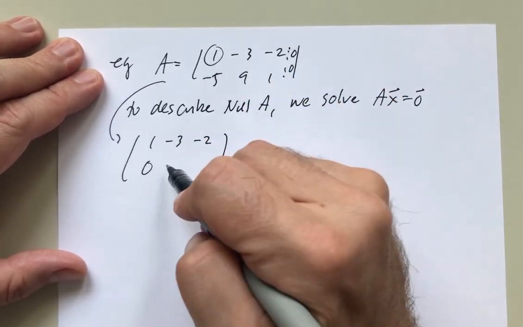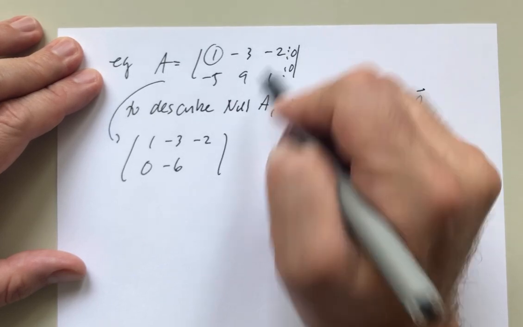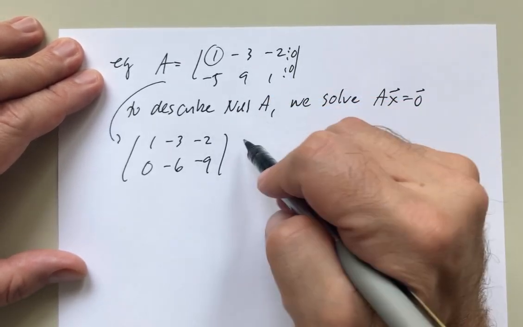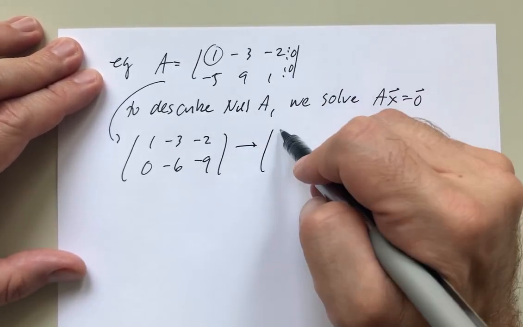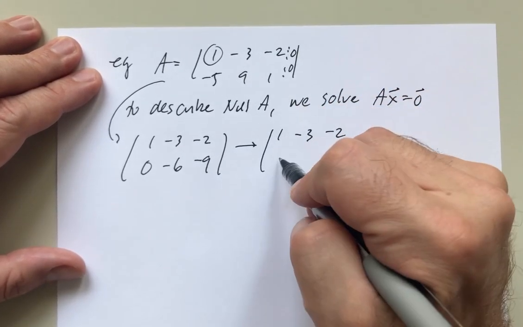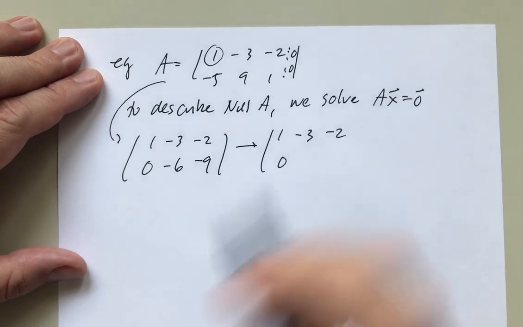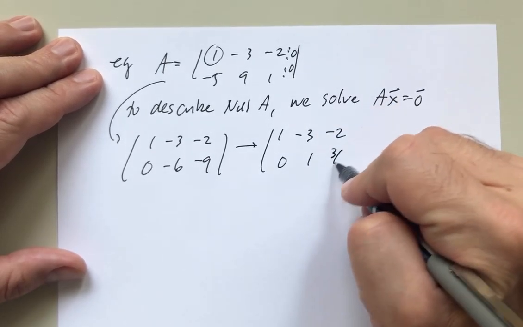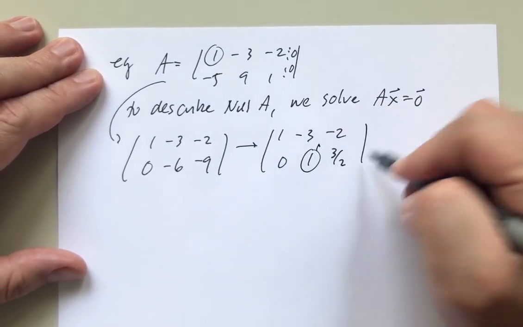This will be 0, minus 6, looks like minus 9. Maybe I'll now scale that last row by minus one sixth. So this will be 0, 1, 3 halves. And now I'll clear above this pivot.